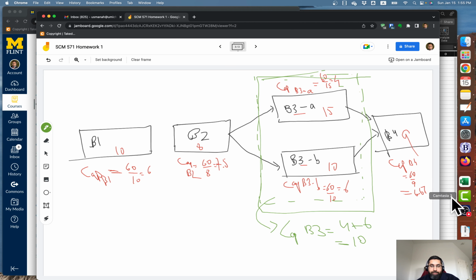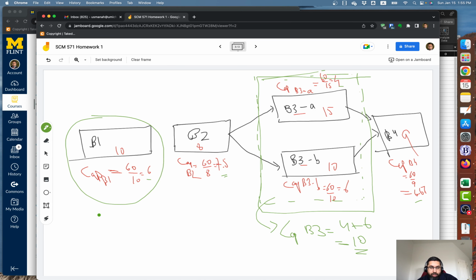Now, if we compare capacities, the bottleneck is the one with the lowest capacity. So 10 is definitely not the lowest capacity. So B3, the whole stage, is not the bottleneck. 7.5 is also not the lowest, so we have to compare this one, 6 and 6.67. So this is the lowest capacity, so this is the bottleneck, BT.